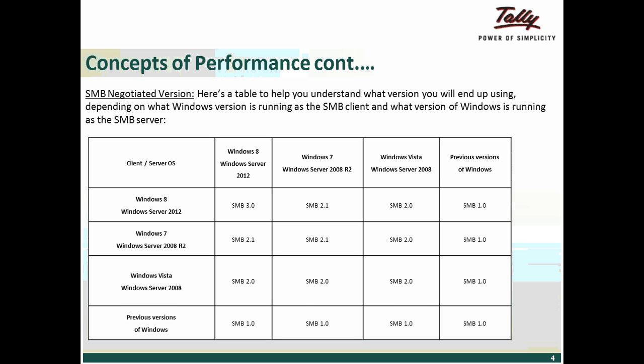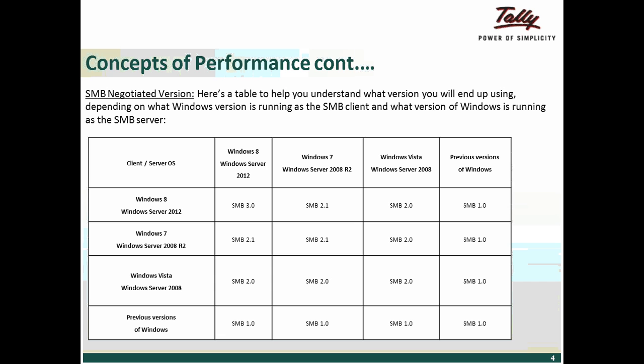If you have a client and server of Windows 7 and Windows Server 2008 R2, then you will have SMB 2.1. And if you have Windows Vista and Windows Server 2008, then again it is SMB 2.0. Previous versions of Windows, such as Windows Server 2003, Windows XP, Windows 2000 will have 1.0.